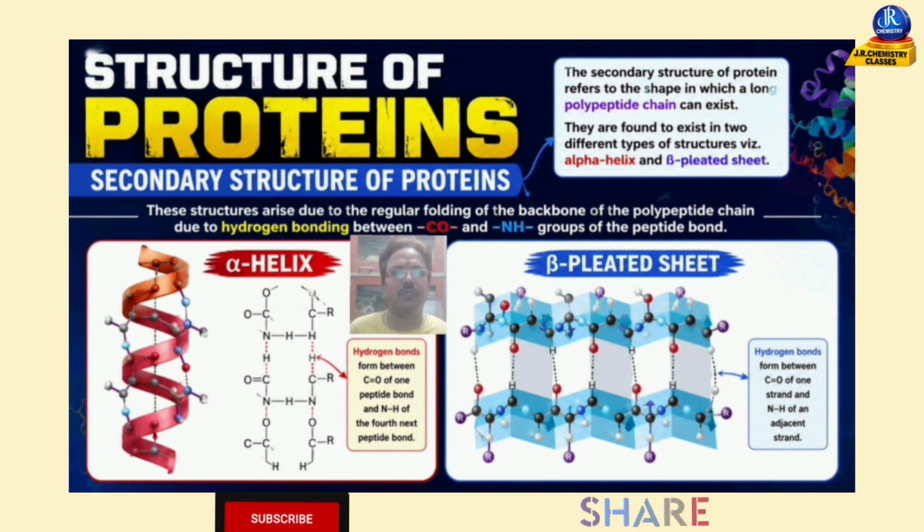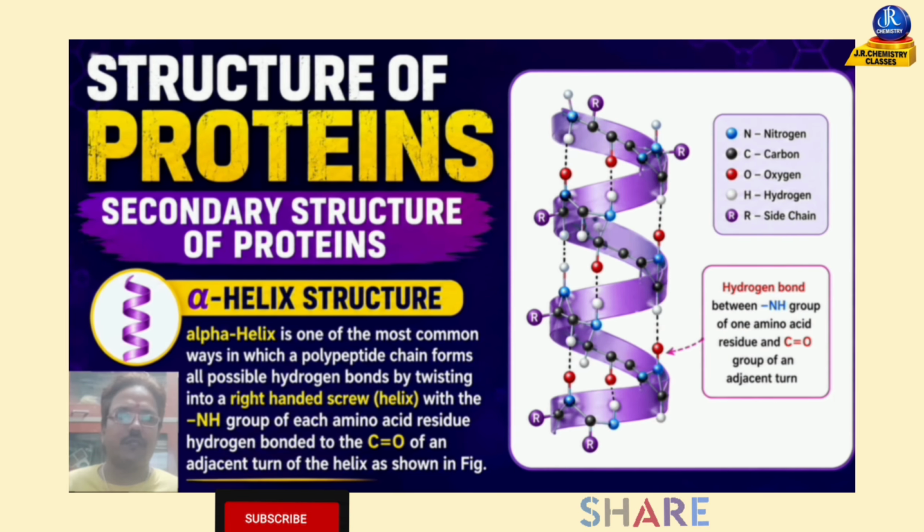These structures arise due to the regular folding of the backbone of the polypeptide chain due to hydrogen bonding between -CO- and -NH- groups of the peptide bond.